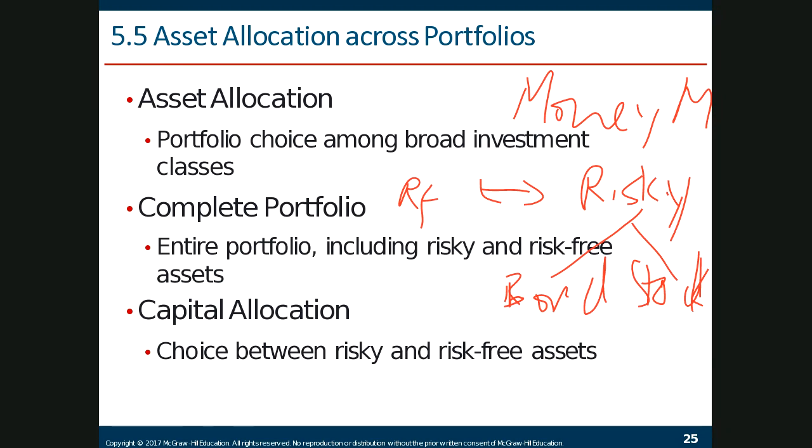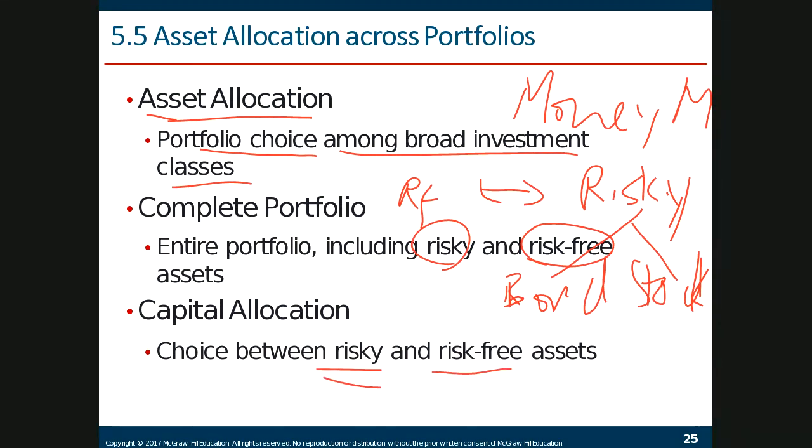So what is the classical textbook definition of asset allocation? It is a portfolio choice among broad investment classes. So basically picking what to what. A complete portfolio then includes risky and risk-free assets. Capital allocation is the choice between the risky and risk-free assets.